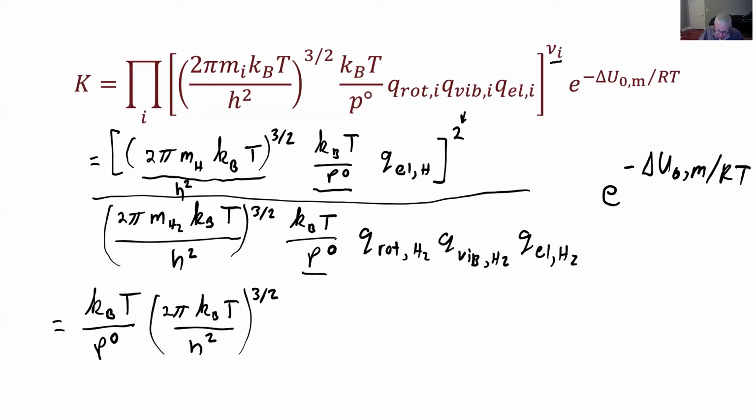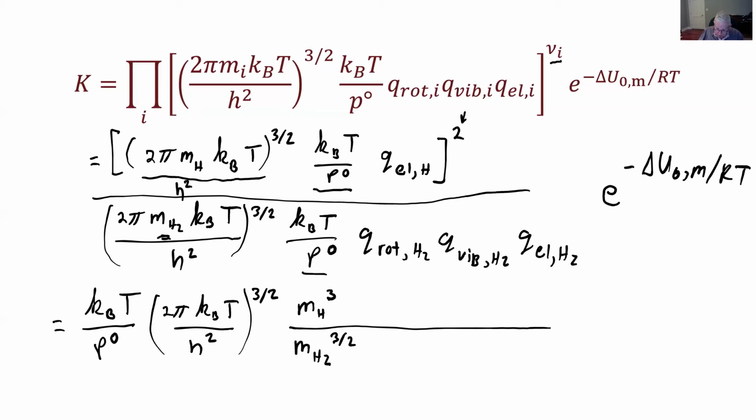Then I've got the masses that I took out of there. I'm going to have mass of H on the top cubed, right? I'm going to have a mass of H2 down here, and it's going to be to the 3 halves because that's just my mass of H2 from in here, which was raised to the 3 halves power.